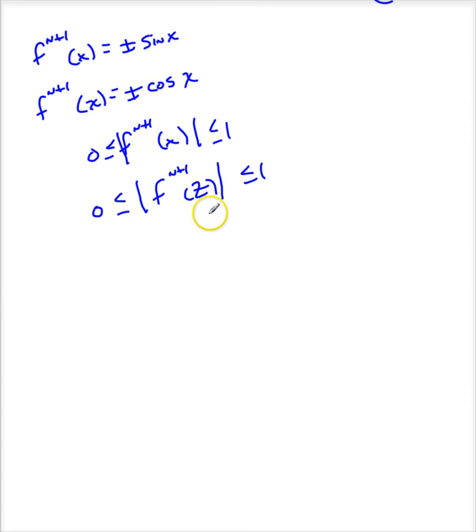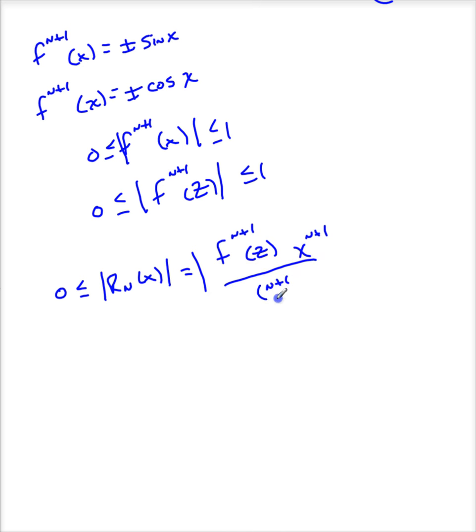So let's look at Taylor's theorem, and let's look at what the remainder is going to look like. This is equal to the n plus first derivative evaluated at some point z times x to the n plus 1 divided by n plus 1 factorial. Now I know that the derivative is always less than or equal to 1, so this is going to be less than or equal to the absolute value of x to the n plus 1 divided by n plus 1 factorial.